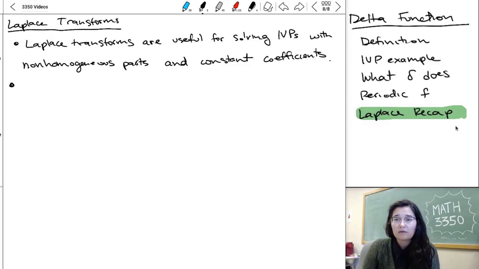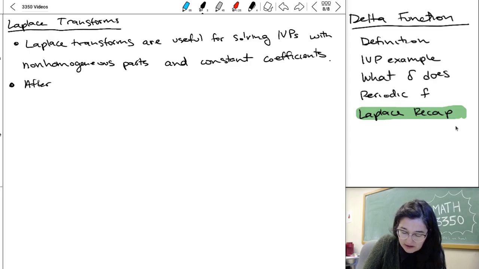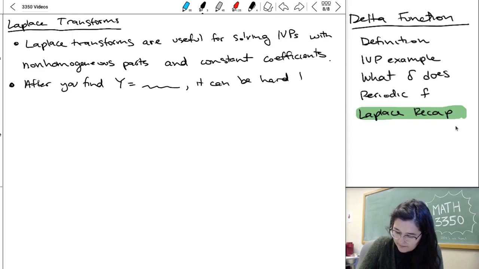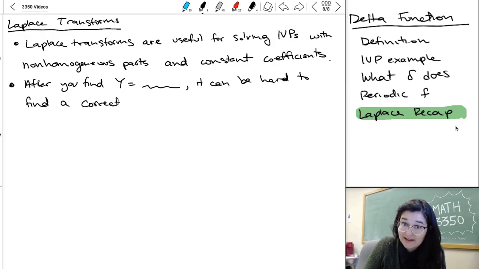And then given that's when we use it, it's also helpful to think about what are the challenges with this method, where do things tend to go wrong. And I would say that after you find that Laplace variable equal to some stuff, it can be hard to find a correct and simple inverse.